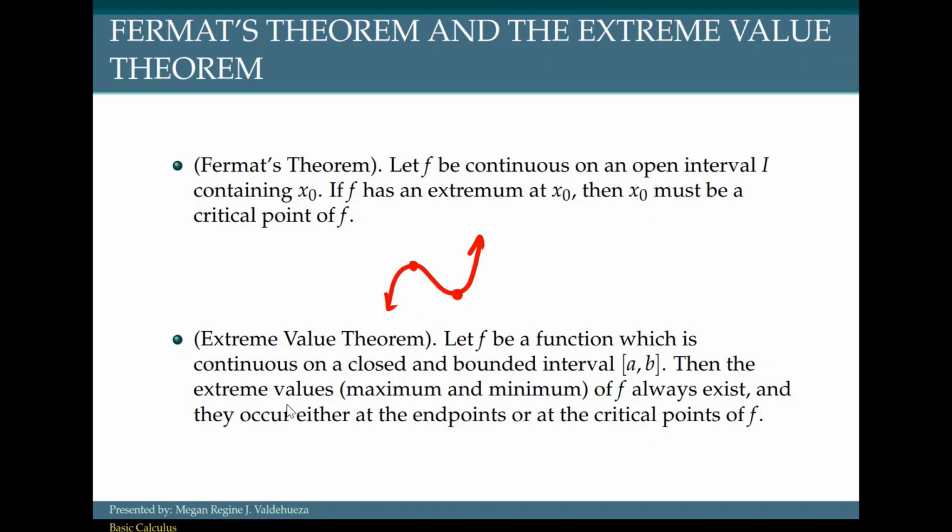Then the extreme values, that is the maximum and the minimum values of f, always exist, and they occur at either the endpoints A and B, or at the critical point of f.